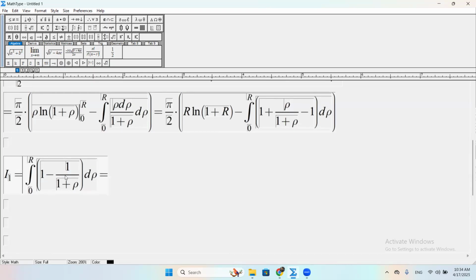And now let's integrate. What we will have here is rho minus the logarithm of 1 plus rho.